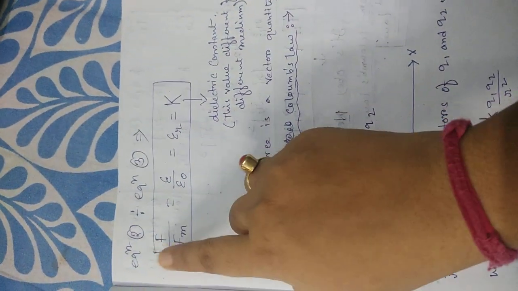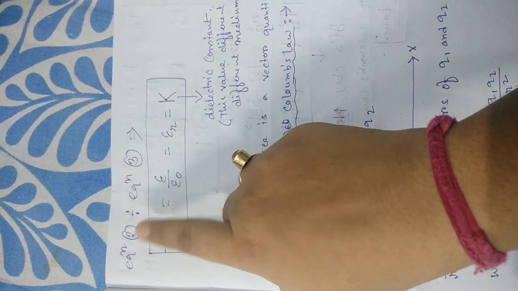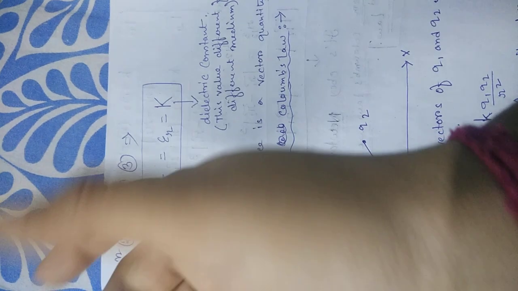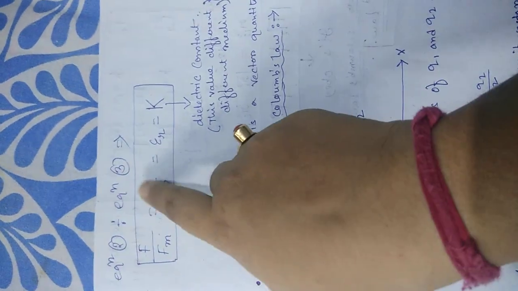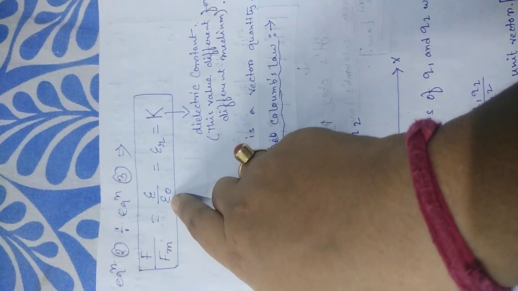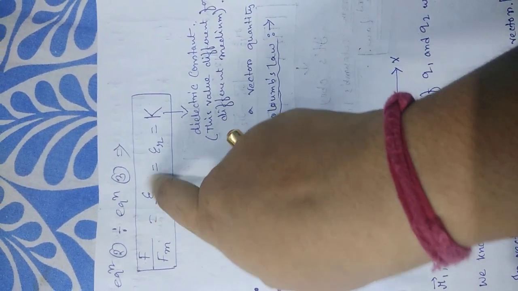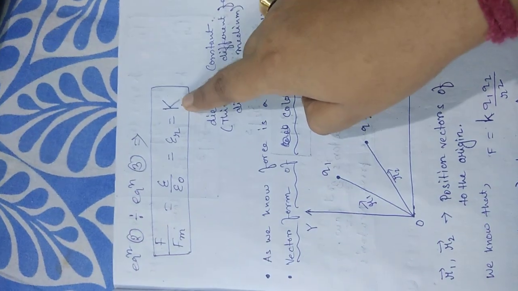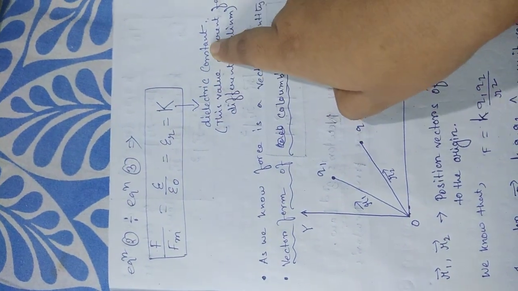So the ratio of force in free space to the force in the given medium, or the permittivity of the given medium to the permittivity of free space, is denoted by capital K, and this capital K is called the dielectric constant.